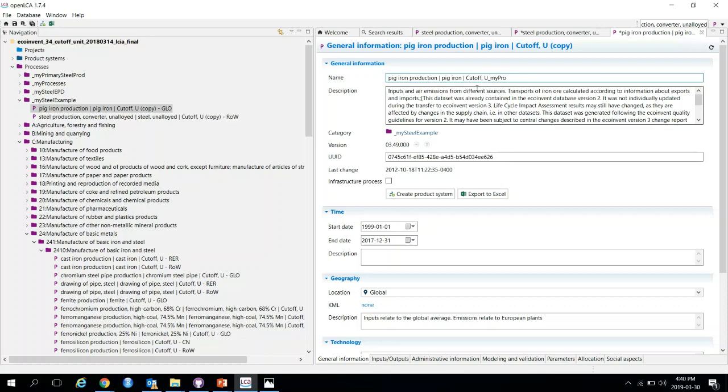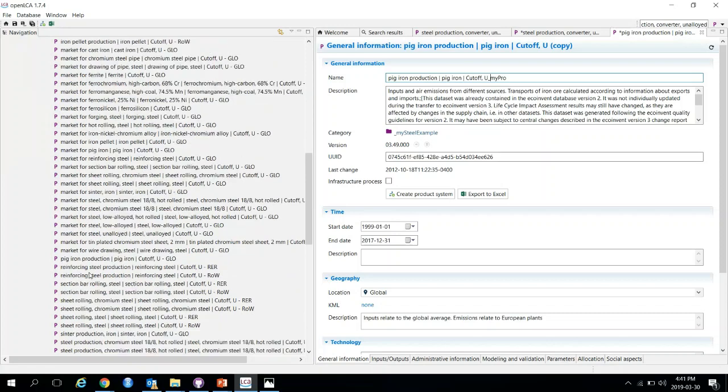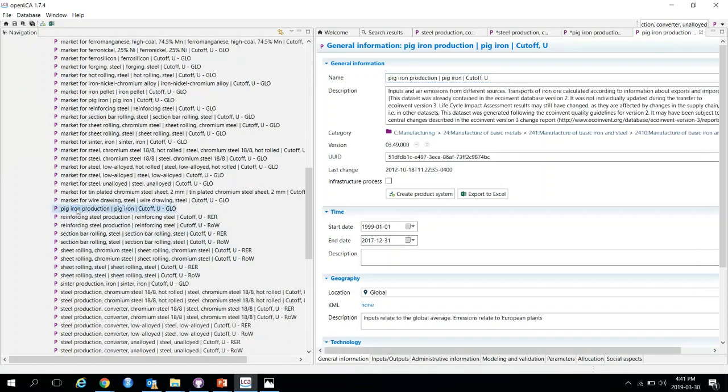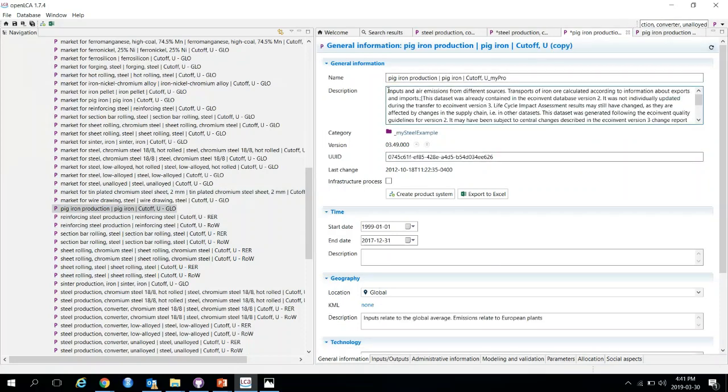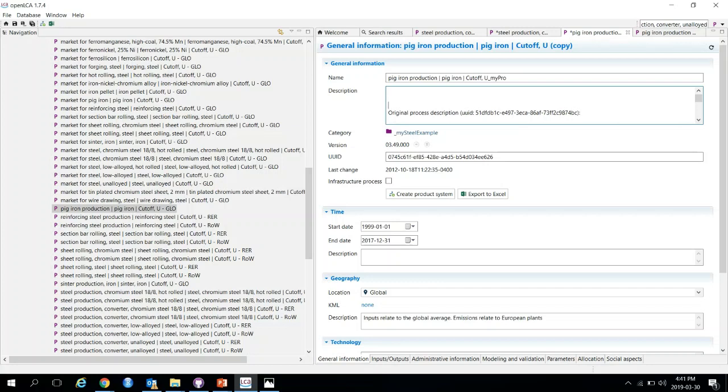And likewise, I'm going to take note of the original process that it came from, which was this one. So I'm just going to copy the UID. I'll say original process description, UID. There we go. And now I can add in my changes here.